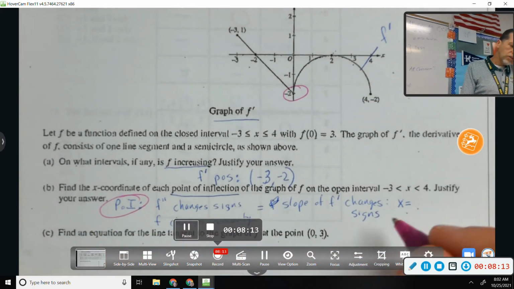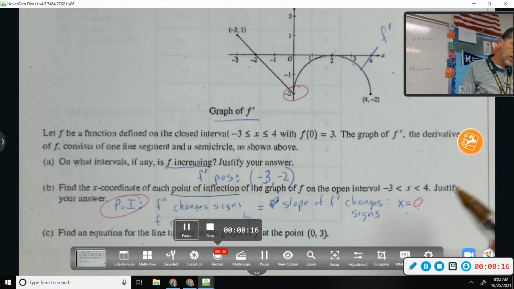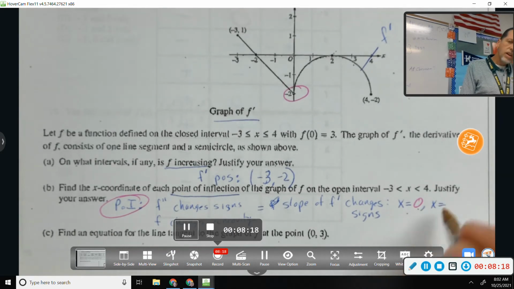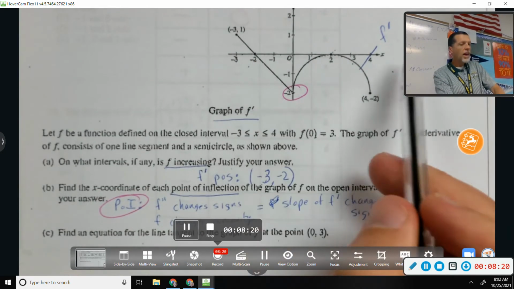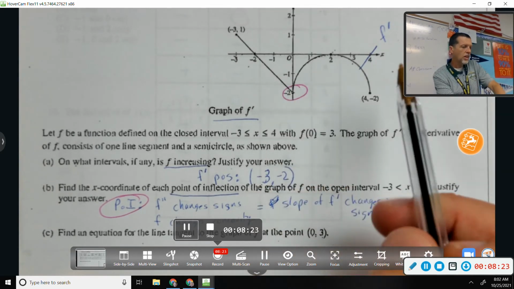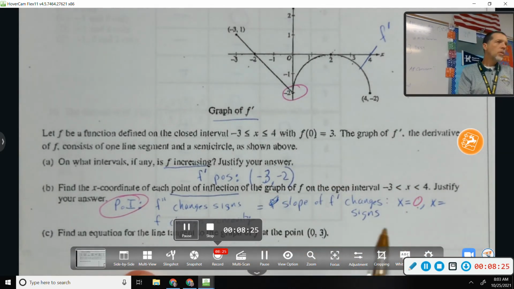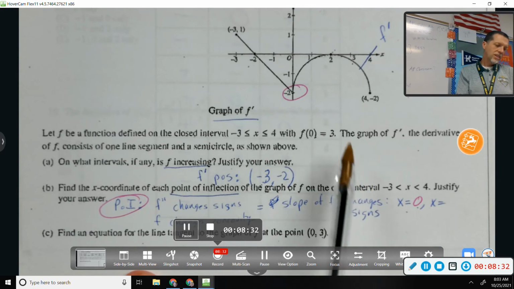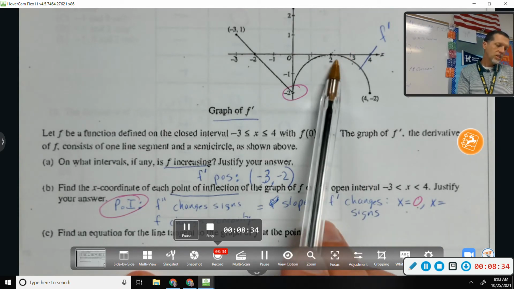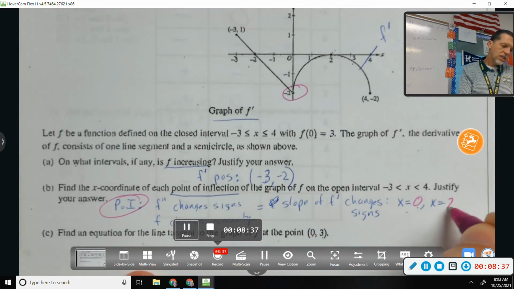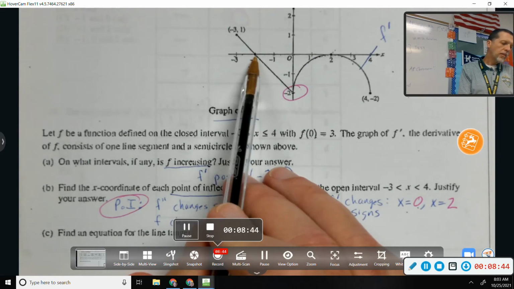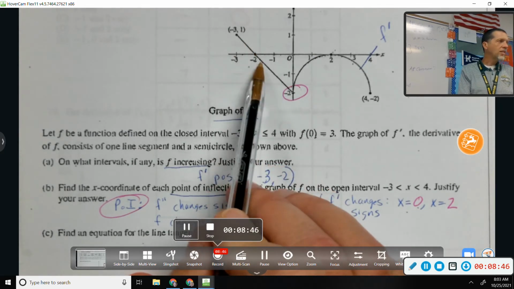So x equals 0. f prime changes from decreasing to increasing. Where else? There's one more place where f prime changes its slope. x equals 2. That's where f prime changes from positive to negative.